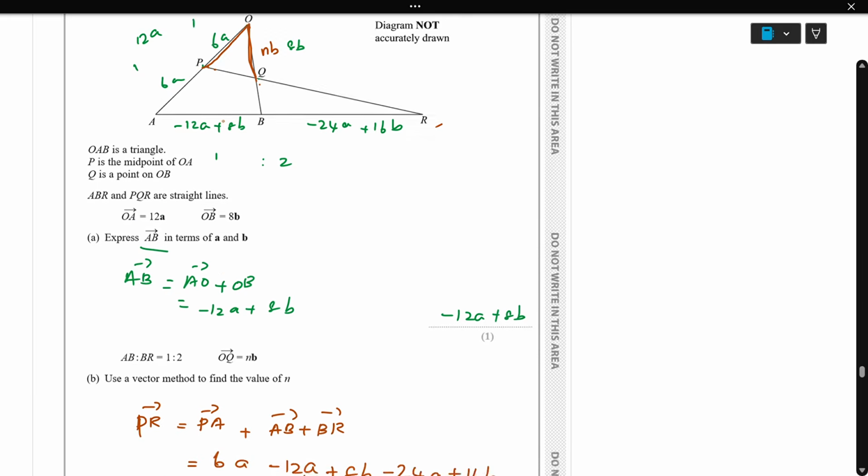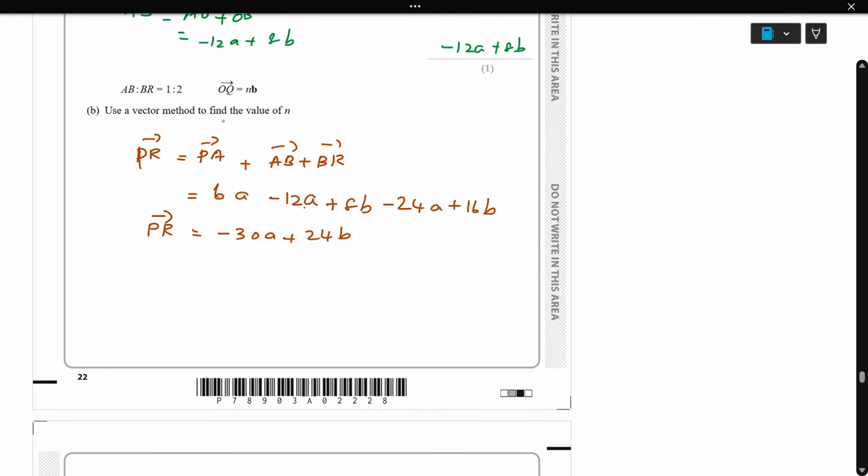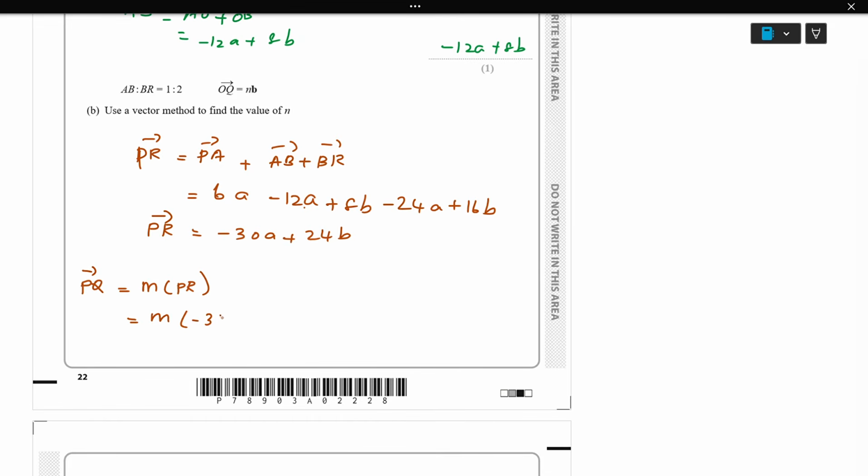Okay, so PQ is the common point. First PQ, I will go like this, PO plus OQ. Second, PQ, I know the PR, so some ratio of PR.